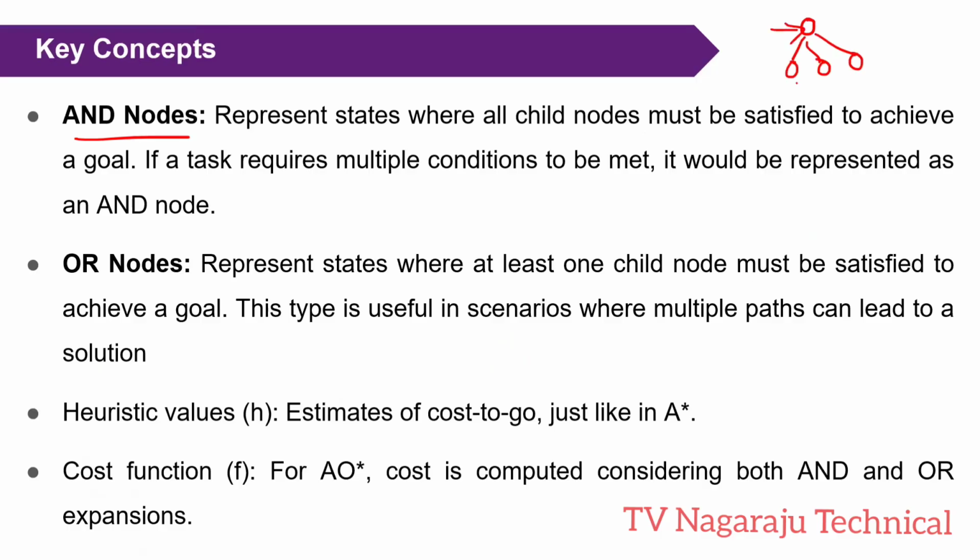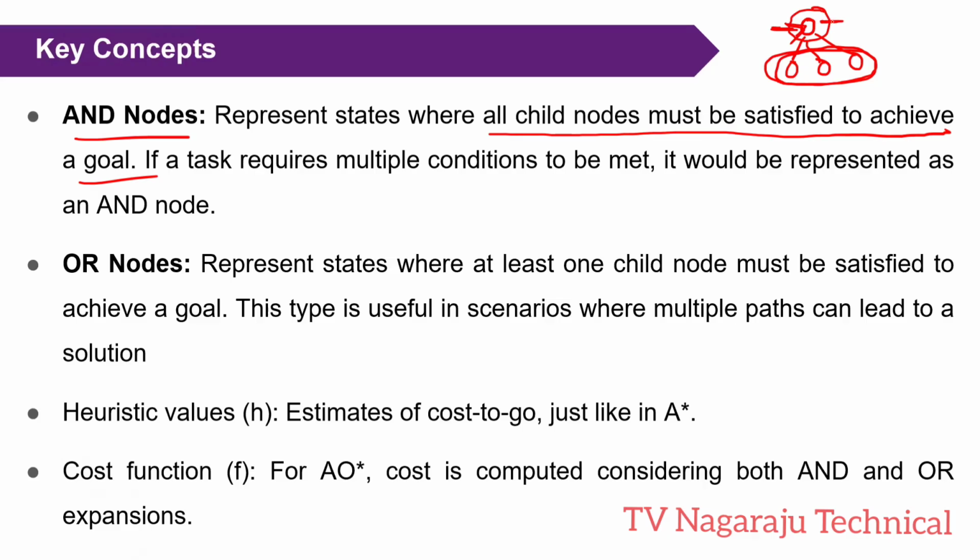This is one node. So AND node means you are getting a solution for this node by summing all the solutions. That means AND nodes represent where all the child nodes must be satisfied to achieve a goal.